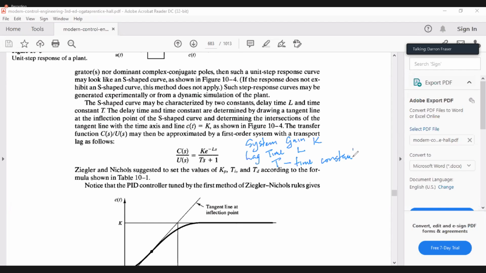And somebody can tell me, what's the definition of time constant? Time taken to reach 68%, 63. Whatever. 68 is fine, or 66 is fine, or 67 is fine.